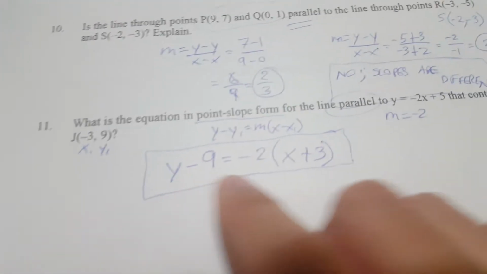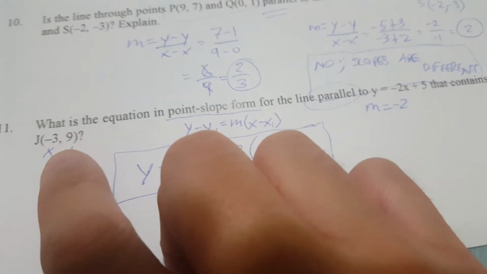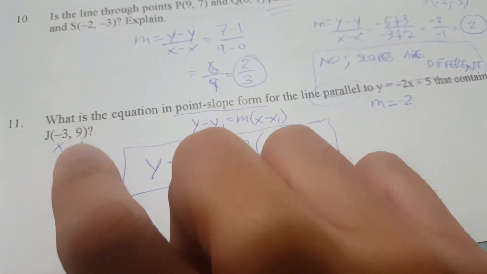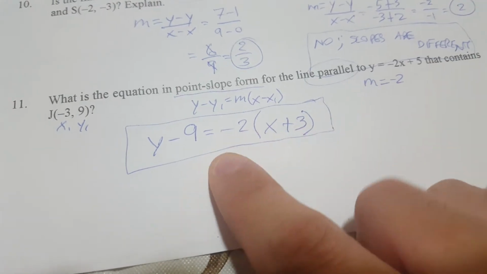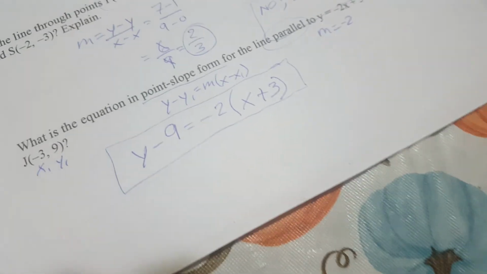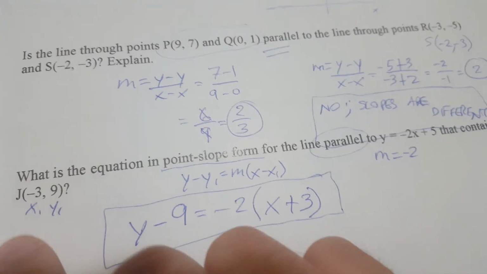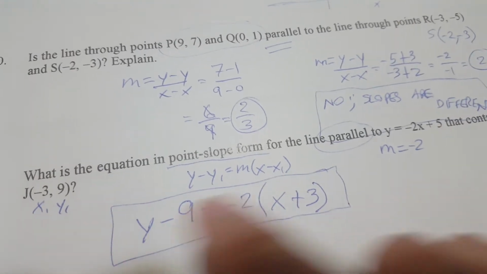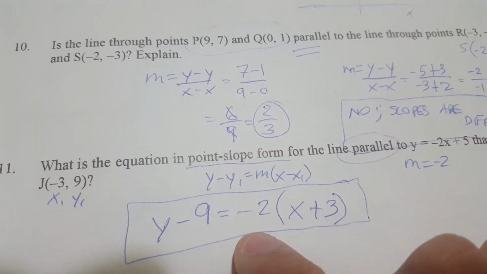So this will be my m, negative 2. And this point that they gave us, that's going to be my x1 and my y1. So I'm going to have y minus 9 equals this negative 2 from right there times x minus negative 3. Minus negative changes to a plus. They wanted this in point slope form, so we're done right here.